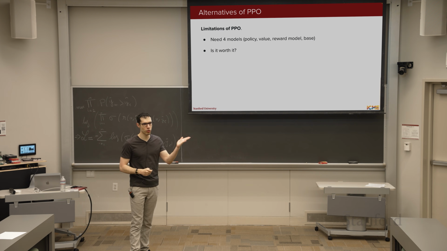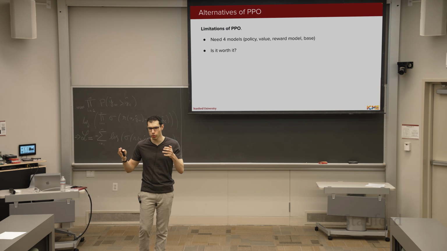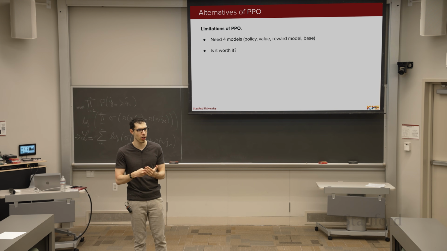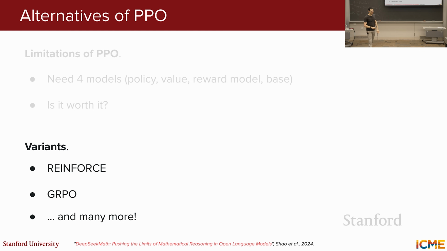So now the question that you may ask is, do you really need to have all these models to perform well? And the answer is maybe not. And nowadays, there is a bunch of other methods that are becoming more popular. So you may have heard of GRPO in the context of reasoning models.